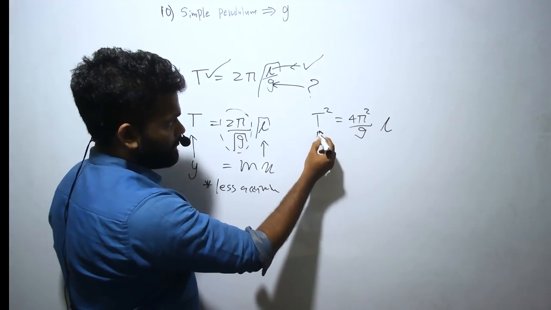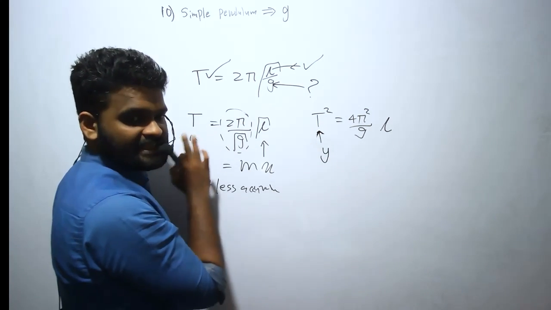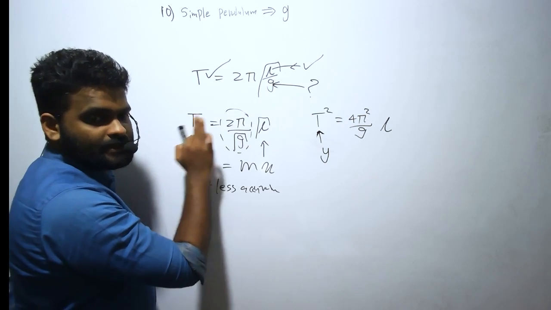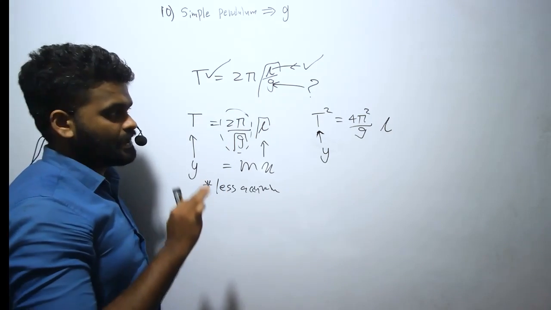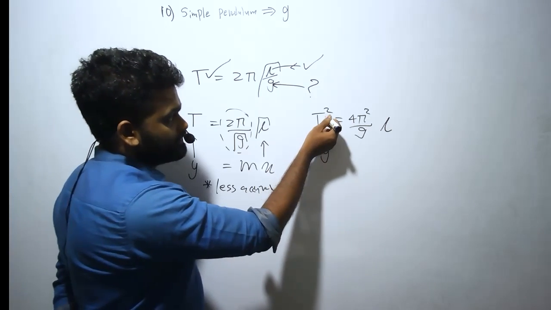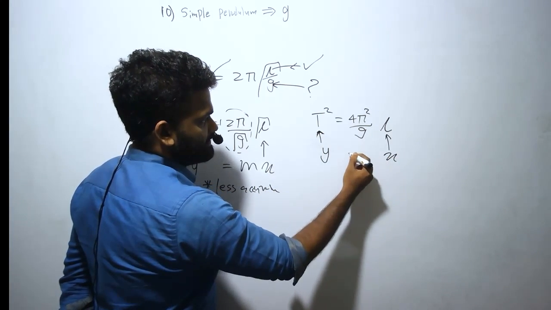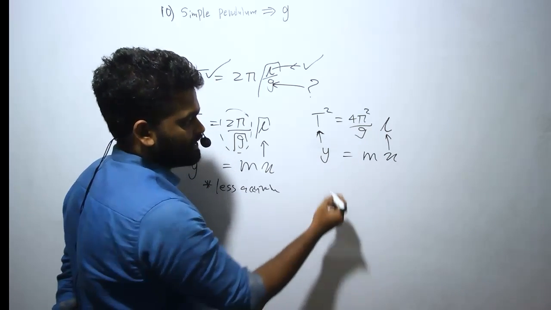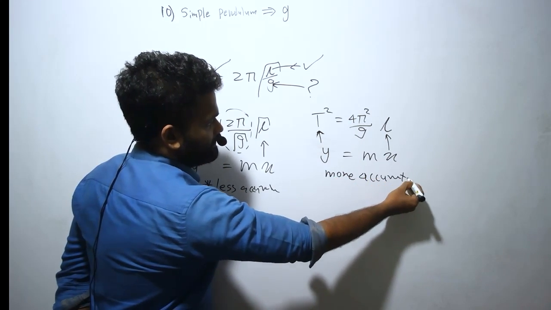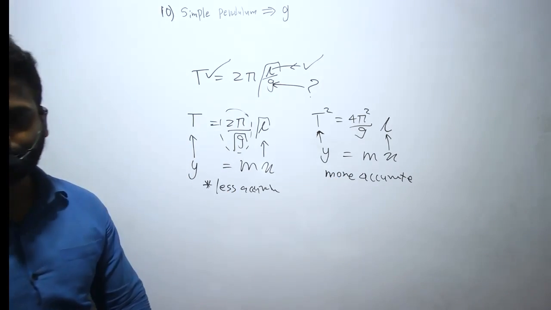So we are choosing T squared to be y, not T. Mathematically, we can choose the other one as x and y, but it is less accurate, right? Therefore, we are using T squared as y and L to be the x. Then gradient becomes m. So this is more accurate.